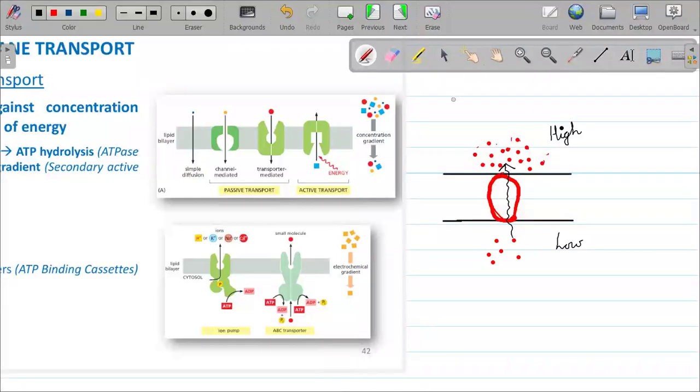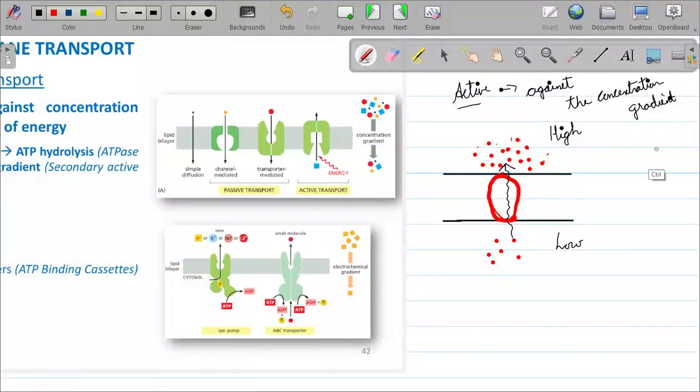But in the case of active transport, the molecules always go against the concentration gradient.